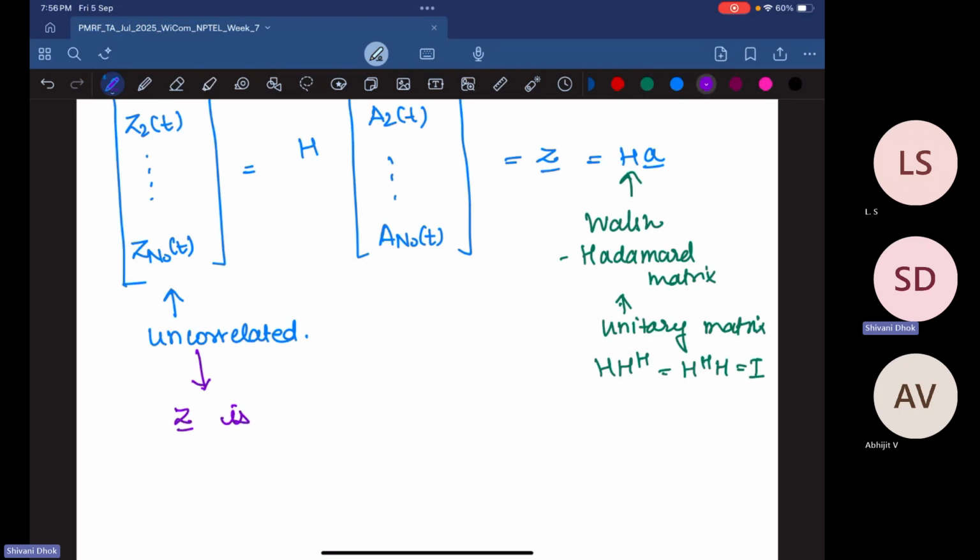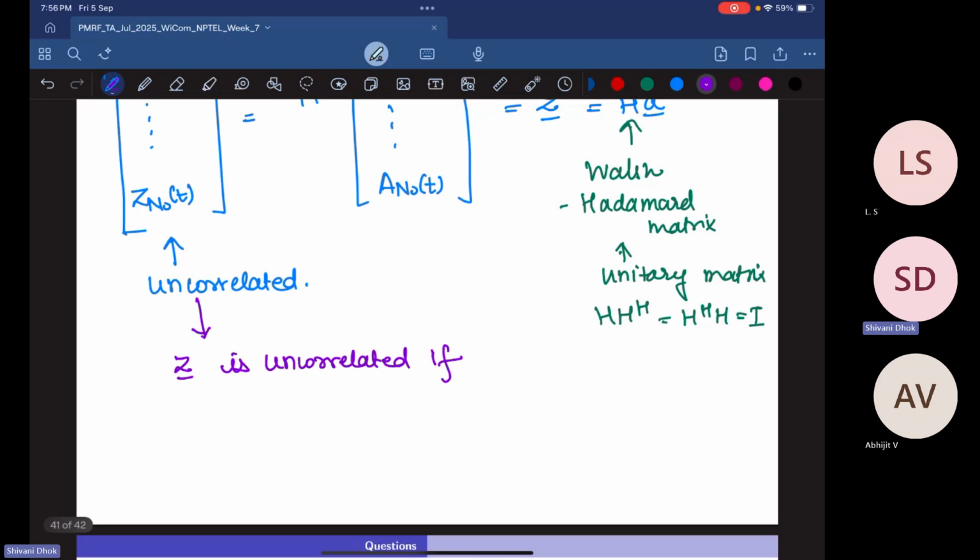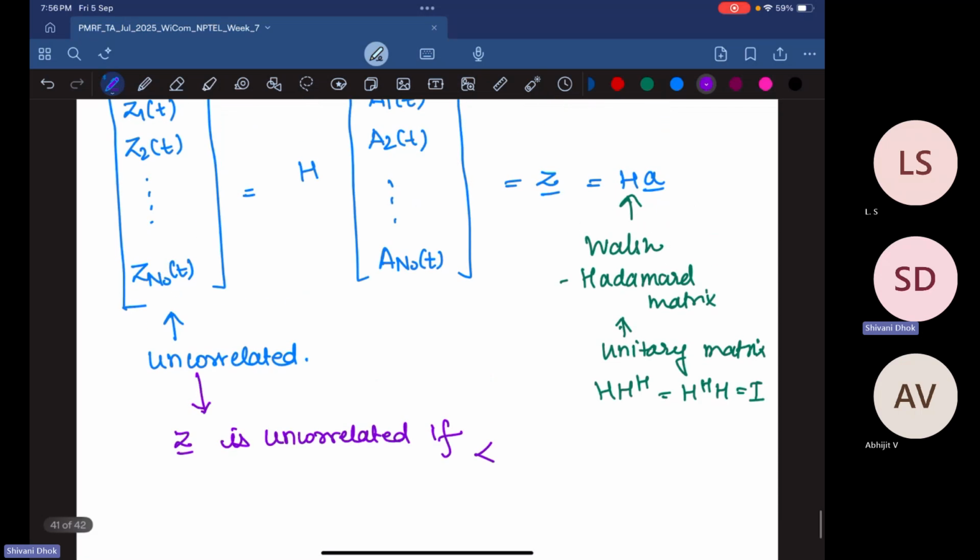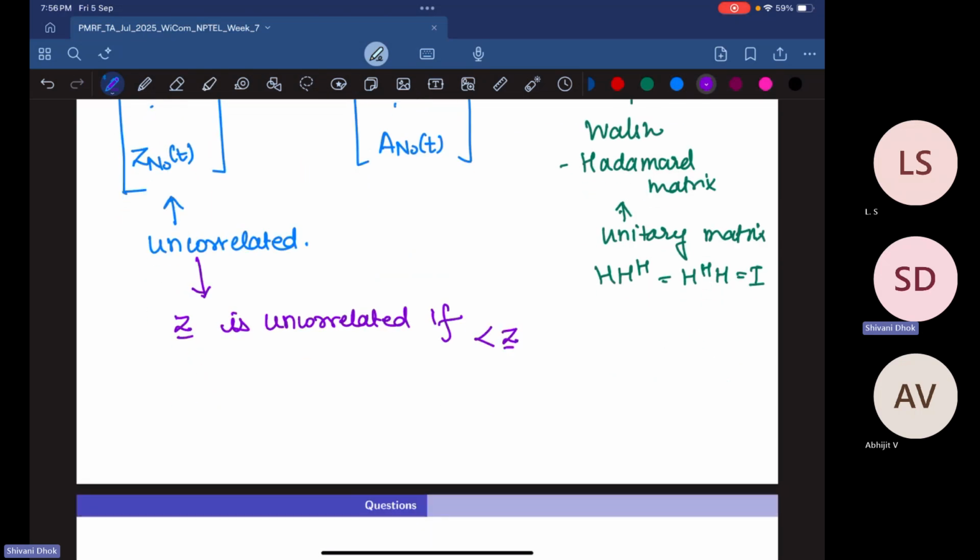This vector Z is uncorrelated if the time average of z of t into z of t plus delta t, Hermitian, is an identity matrix.